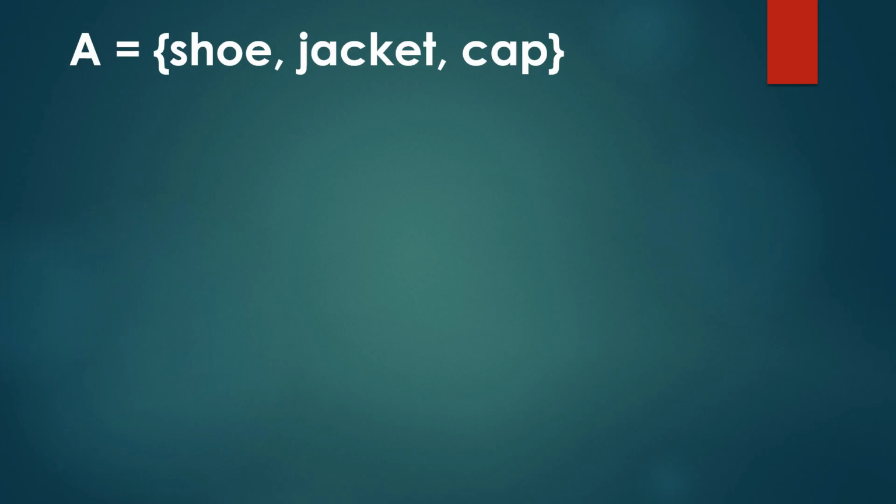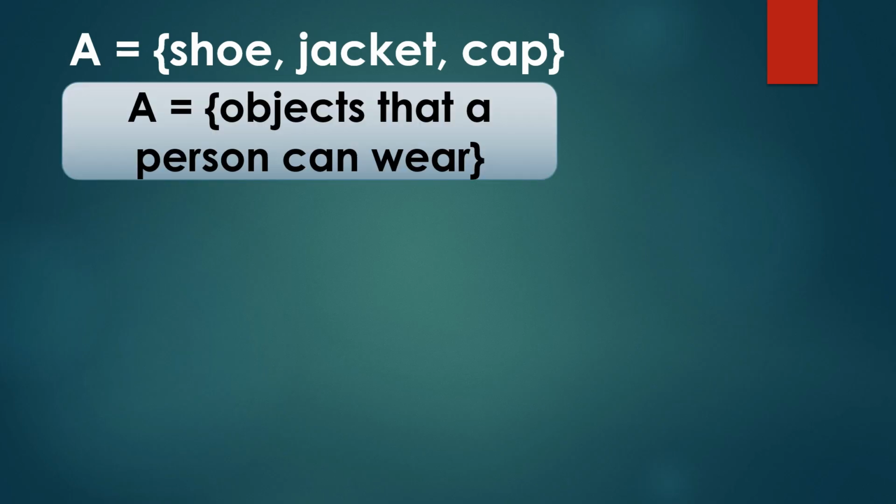This time, let's try to write the groups using the description of its members. For example, we have A, which is the group of shoe, jacket, and cap. Can you describe the members of Group A? Yes, the members of Group A are objects that a person can wear. We will write it this way.